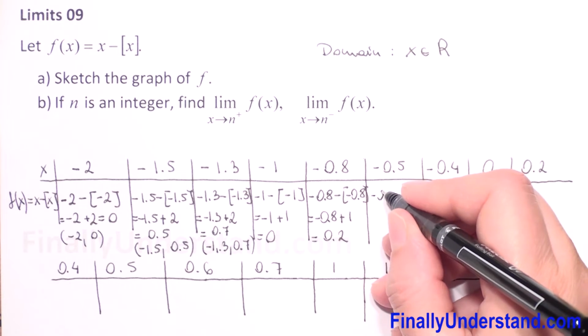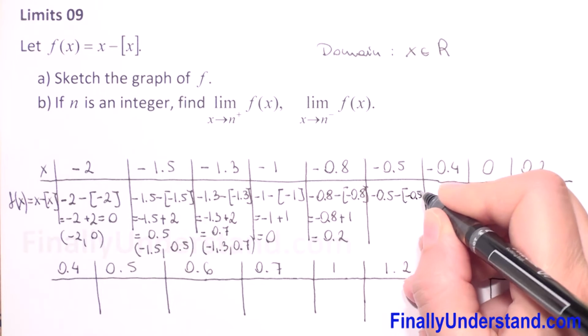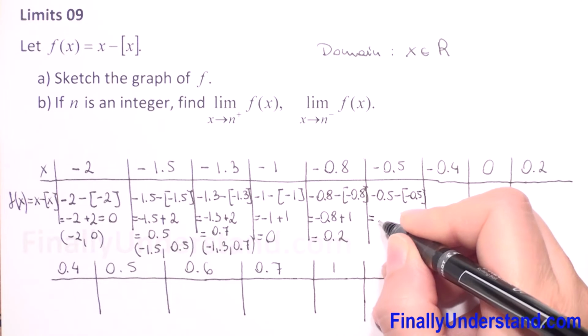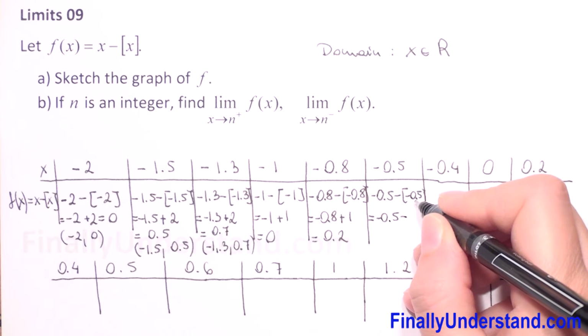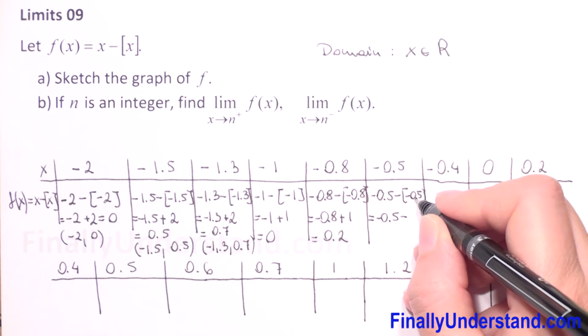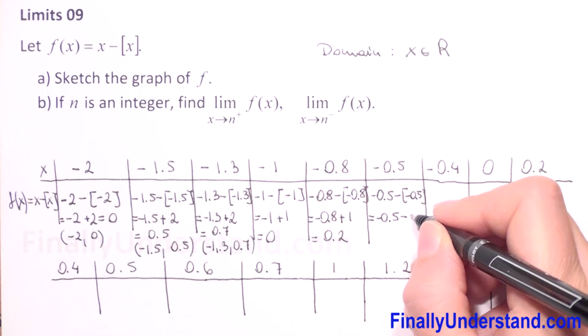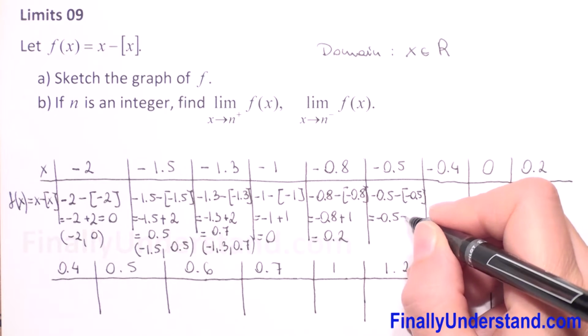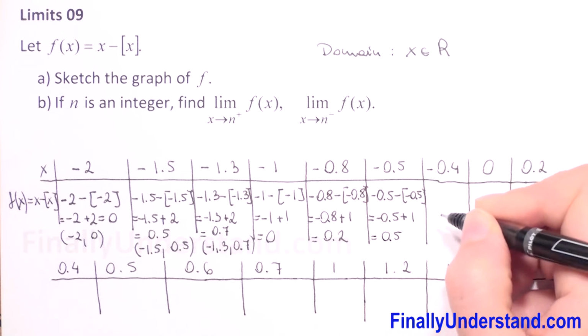And we have negative 0.5 minus, in brackets, negative 0.5. So this is equal to negative 0.5 minus the largest integer which is less than or equal to negative 0.5, so it will be negative 1. Negative and negative give us positive, so this is equal to 0.5.